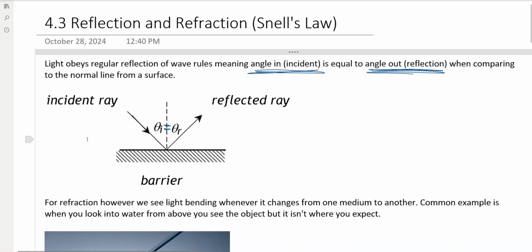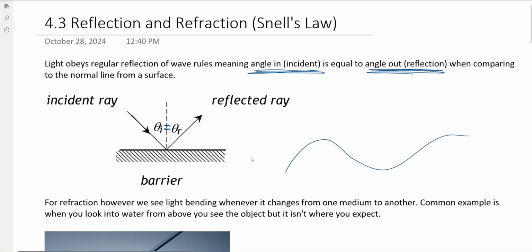I think for most people this is pretty obvious. It's a pretty simple concept when it is a straight barrier or a straight mirror. But if it's reflecting off of something bumpy, you have to draw your normal line from wherever it happens to be hitting.